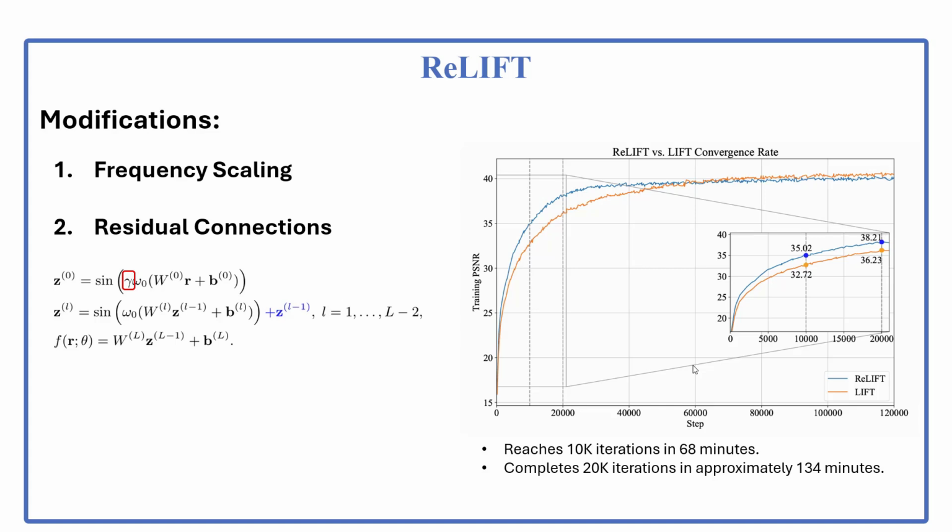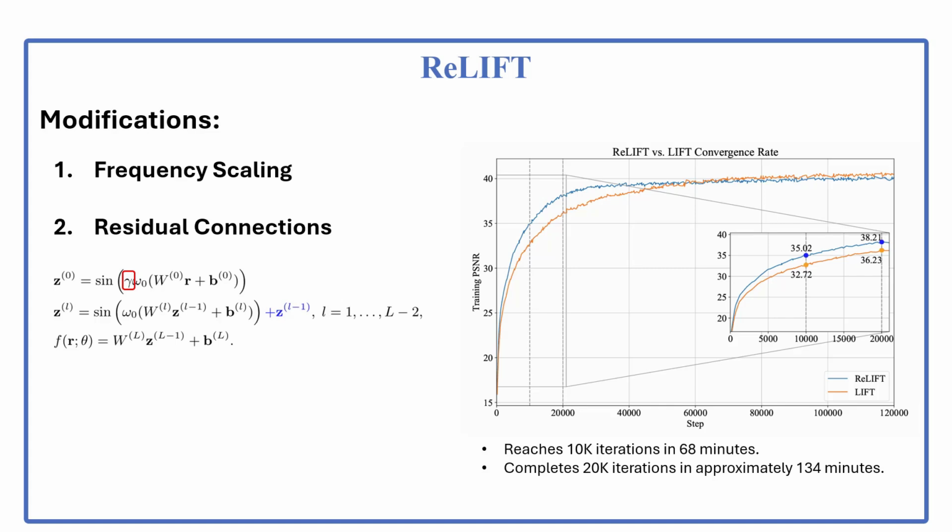And also we add residual connections, and we have proved mathematically in the paper that doing this increases the convergence rate. For example, for the reconstruction task on CelebA 64 by 64, we can get a PSNR of 35 in just 10,000 iterations, which is about 68 minutes. So we can reconstruct our data perfectly in just 68 minutes.